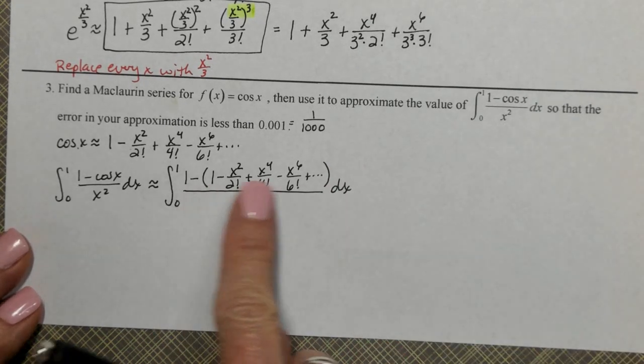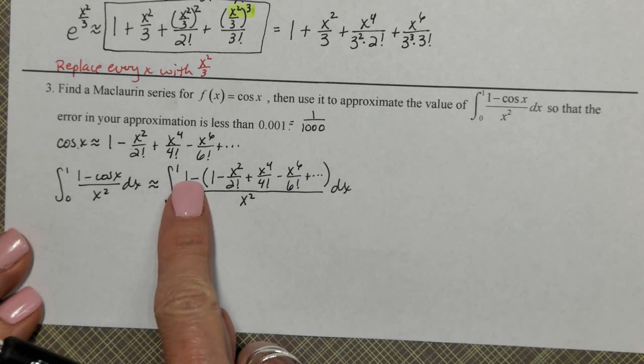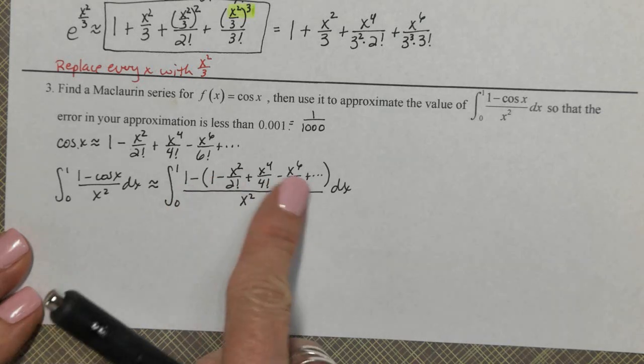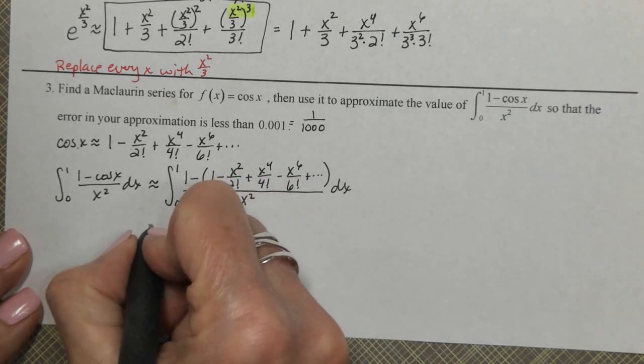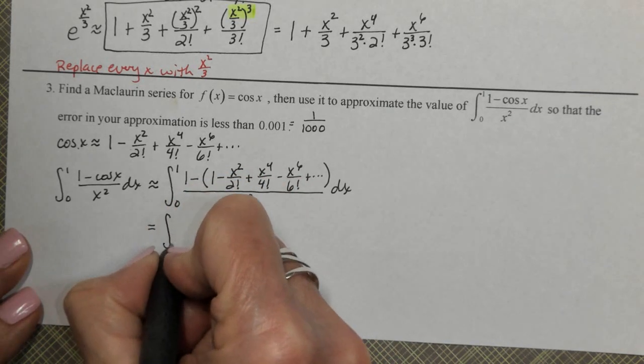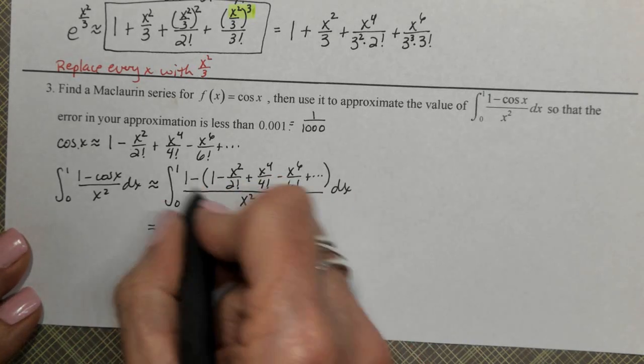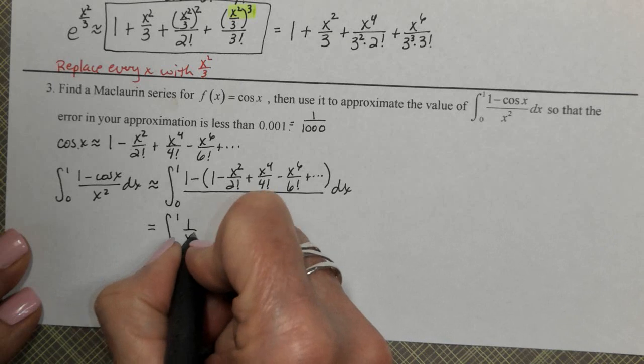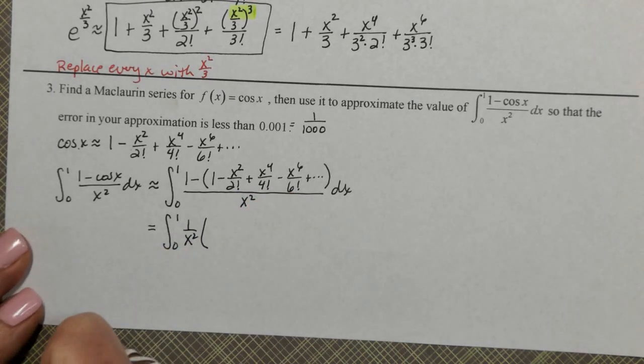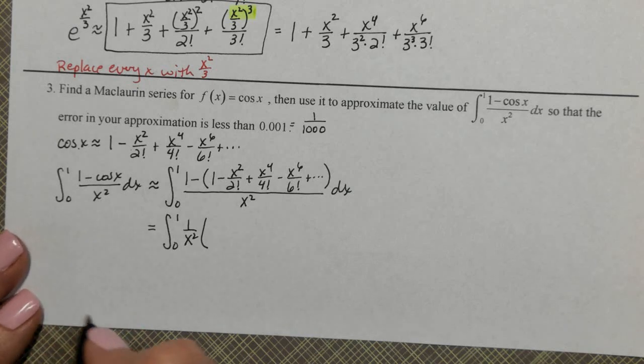Okay, I'm going to clean up the top because I have 1 minus 1, and then I'm distributing the negative through the rest of the terms. So I'm going to rewrite this integral as, also I'm dividing by x squared. I'm going to write dividing by x squared as 1 over x squared. I'm going to write that out in front, just make it look nicer on my eyes. It's purely for myself.